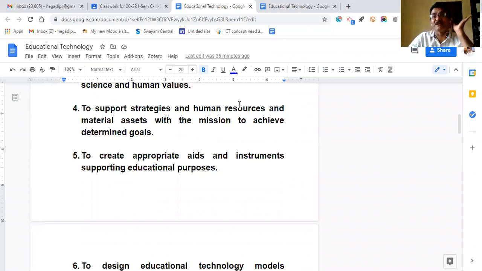Then only it is suitable. Otherwise, it is not suitable. Even though you are using the India map or the Karnataka map, that is not an appropriate teaching aid to integrate during your teaching. So that is what they are saying here, to create appropriate teaching aids.